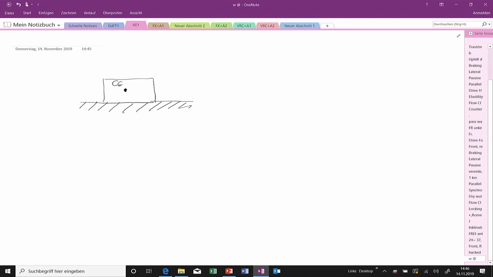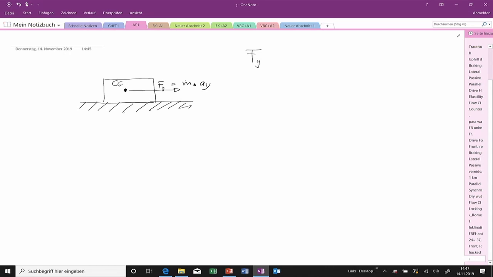So this will mean that an inertial force is pulling to the right with a force which is the mass of the vehicle times the lateral acceleration. So this is a centrifugal force. The Fy is a centrifugal force.